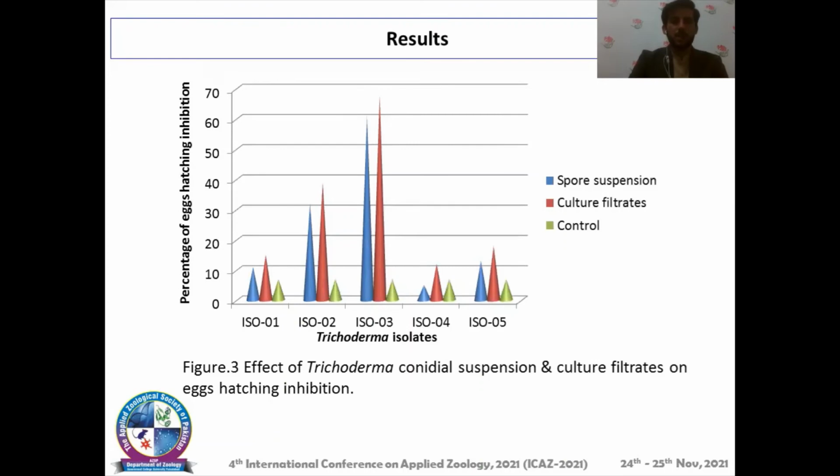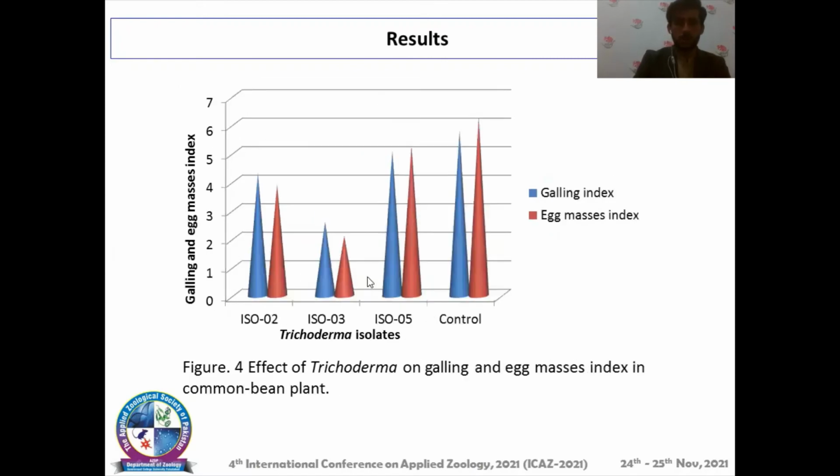Figure 3 shows the effect of Trichoderma conidia suspension and culture filtrate on egg hatching. The highest egg hatching inhibition was noticed in isolate 3. Culture filtrate shows 68% egg hatching inhibition, while the spore suspension shows 58%, and so on. Isolate 3 was the most effective.